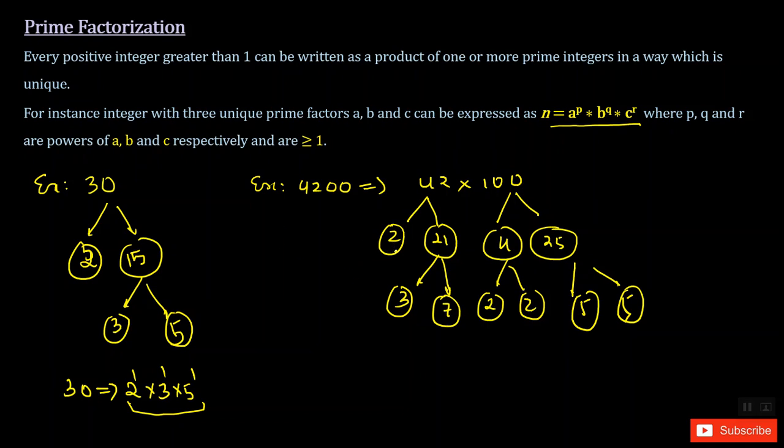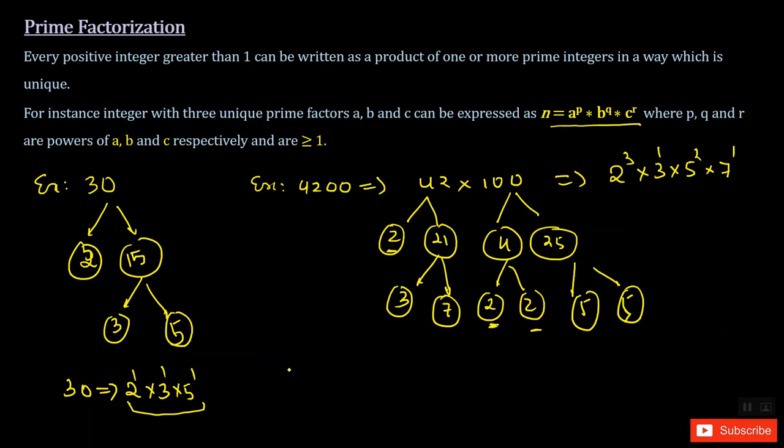One time here, here and here, meaning 2 is appearing thrice. Then this can be written as 2 to the power 3 times 3 to the power 1 times 5 to the power 2 times 7 to the power 1. 5 is appearing twice, 3 is appearing once, 7 is appearing once. So this is how you represent the number in its prime factors.